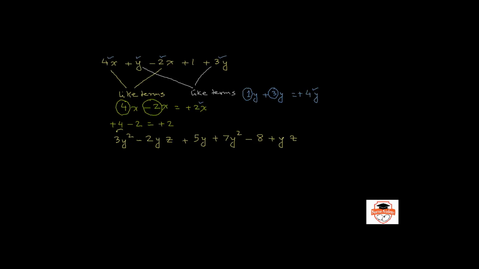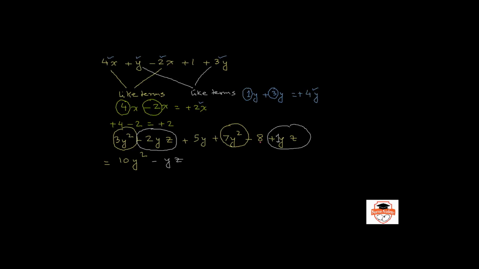So we have a 3y squared and a positive 7y squared. So 3 plus 7 is 10. So we have 10y squared. We have negative 2yz and a positive yz, or a plus 1yz, and negative 2 plus 1 is negative 1. So we have minus 1yz or minus yz.